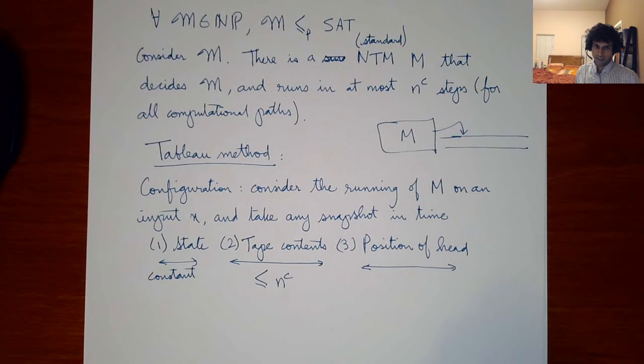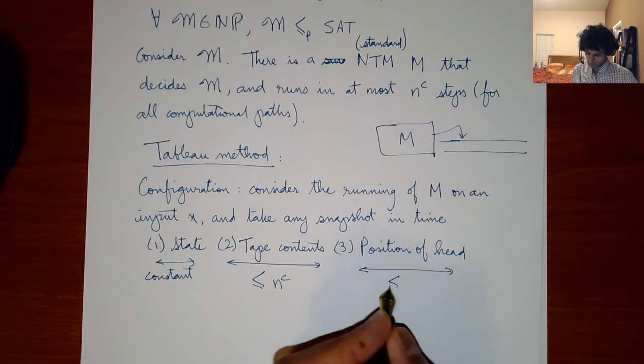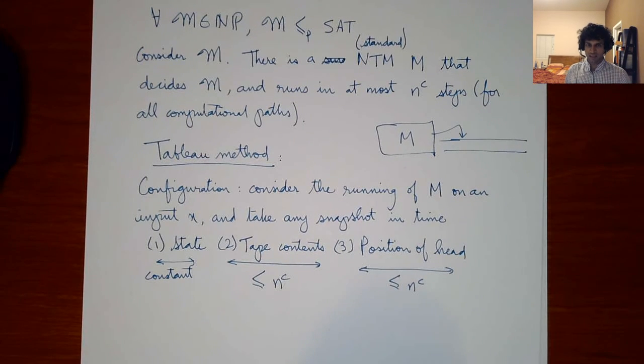The position of the head, you can represent it in binary and do better, but this is also at most n to the c. So it seems that you only need O of n to the c bits to represent this whole thing.